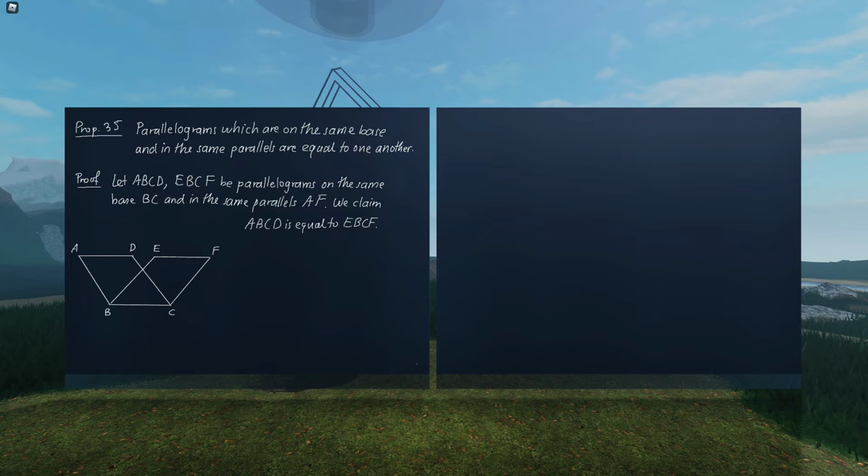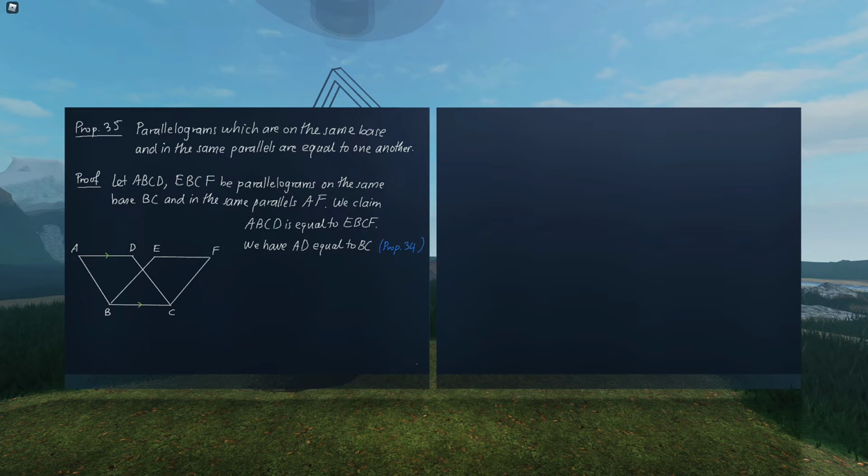Okay, so here goes. Since ABCD is a parallelogram, we have AD equal to BC by what Ken just did. So maybe I'll indicate that. AD is equal to BC.